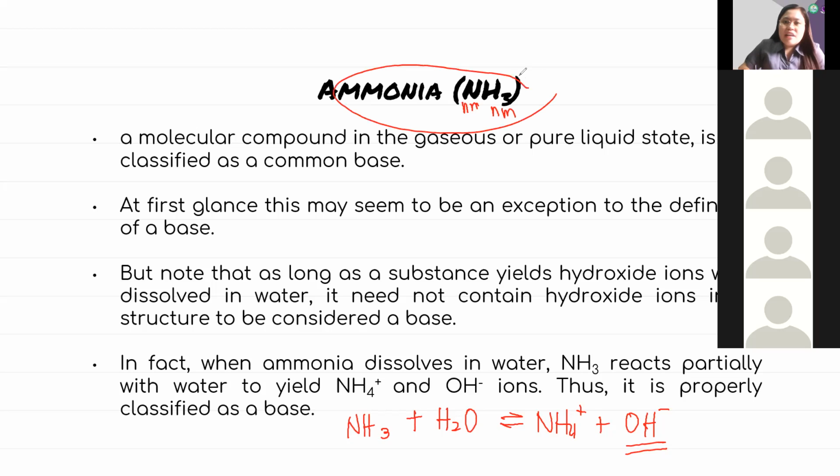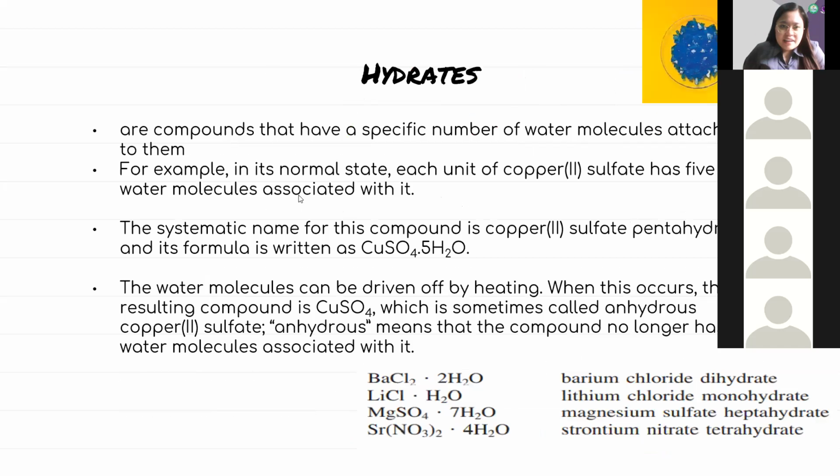Pero again, di ba exception ito kanina sa sinabi ko, meron siyang hydrogen. So pag hydrogen kasi na non-metal plus non-metal, hindi nagpa-follow sa prefixes. So hindi natin siya tinatawag na nitrogen trihydride. Instead, we just call NH3 as ammonia. Ammonia talaga ang pangalan niya, class.